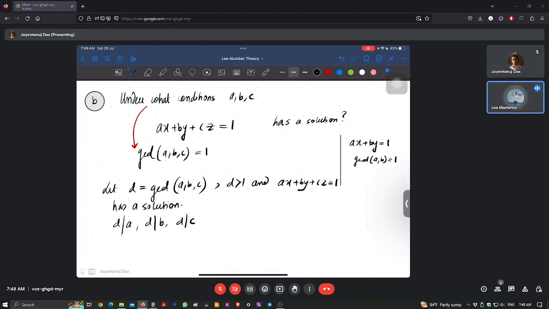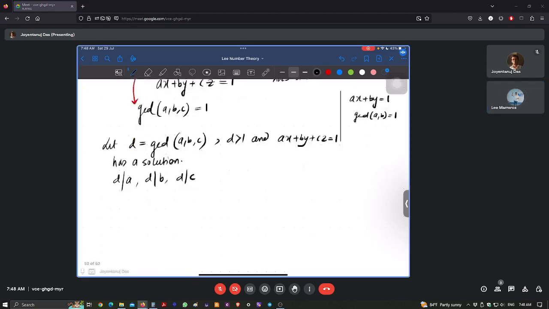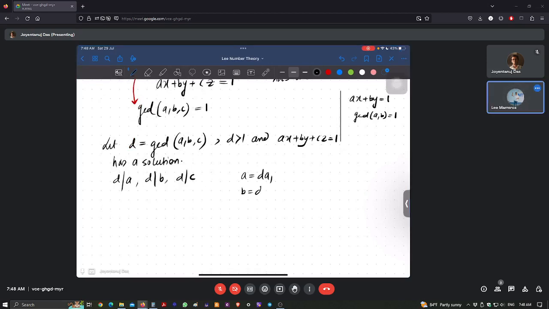Maybe if you express it like this: suppose a equals d times a1, b equals d times b1, and c equals d times c1.